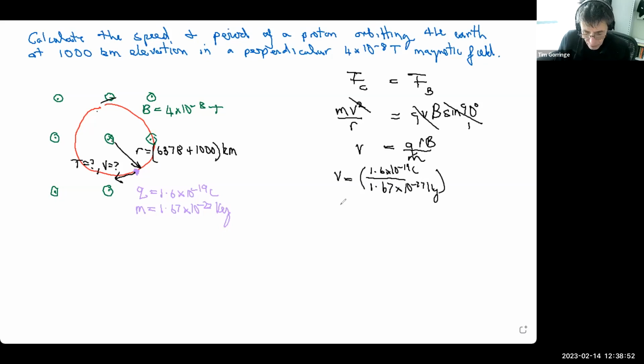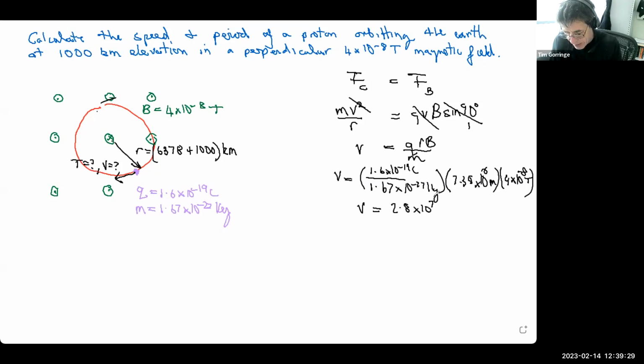And then this multiplies the radius of the circular motion that we said was 7.38 times 10 to the 6 meters, multiplied by the field, and that field was 4 times 10 to the minus 8 Teslas. And I've already multiplied all these numbers together to get the velocity. I got 2.8 times 10 to the 7 meters per second.